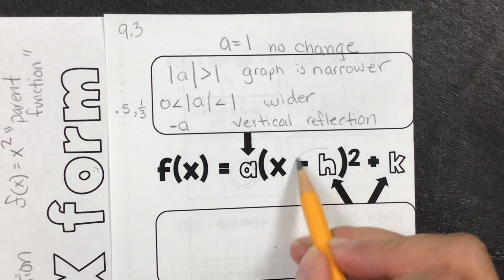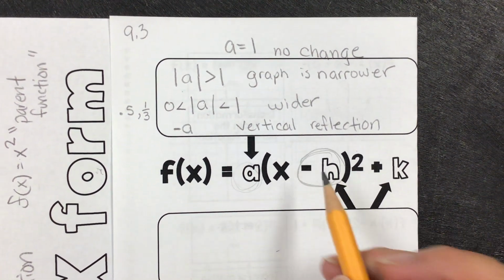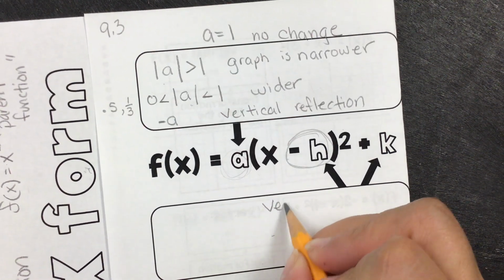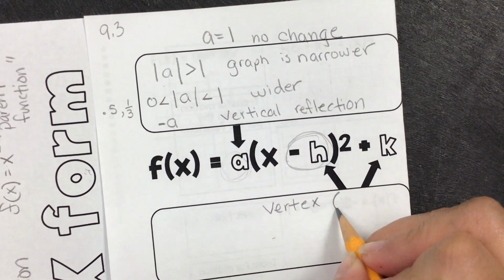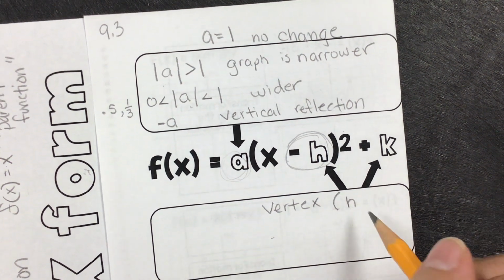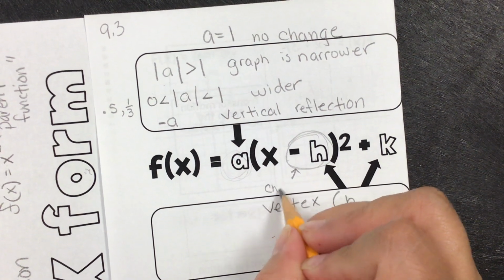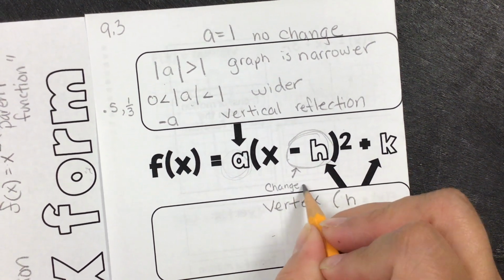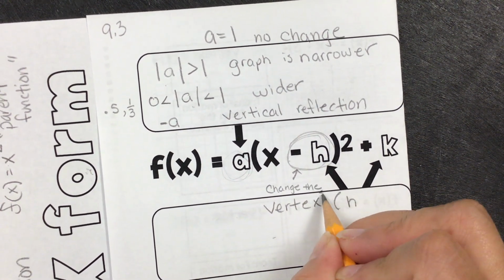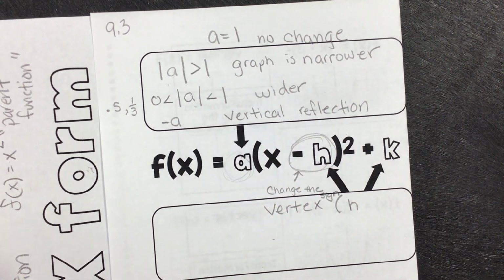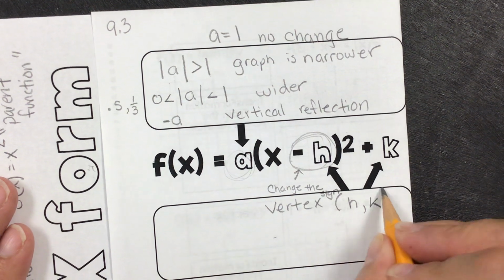I want you to notice that this right here says negative h. That means that the vertex is going to be h. So we always have to change the sign. So I'm going to write over there, change the sign. You have to change the sign of the h and keep the k the same.